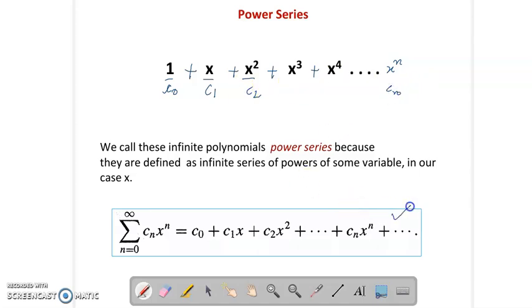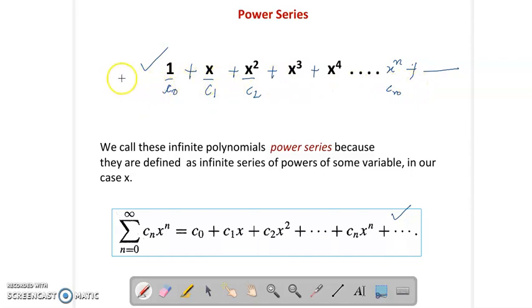So we have this series c0 plus c1x plus c2x square, plus we keep on going like this into cn into x to the power n, plus again we keep on going like this. So this is again an infinite series in the increasing powers of x.